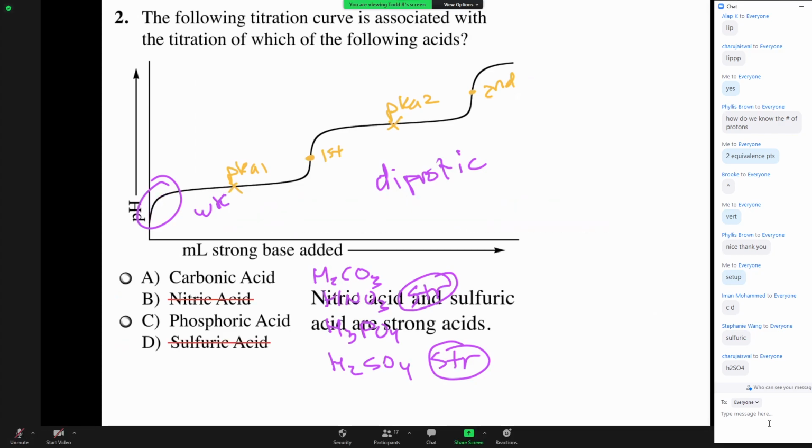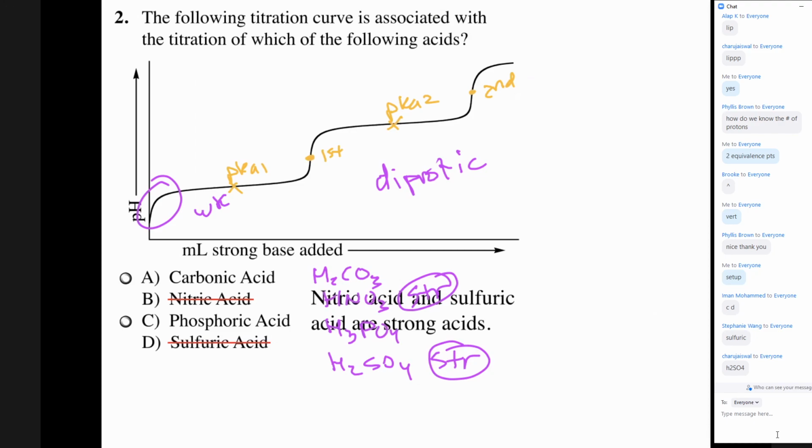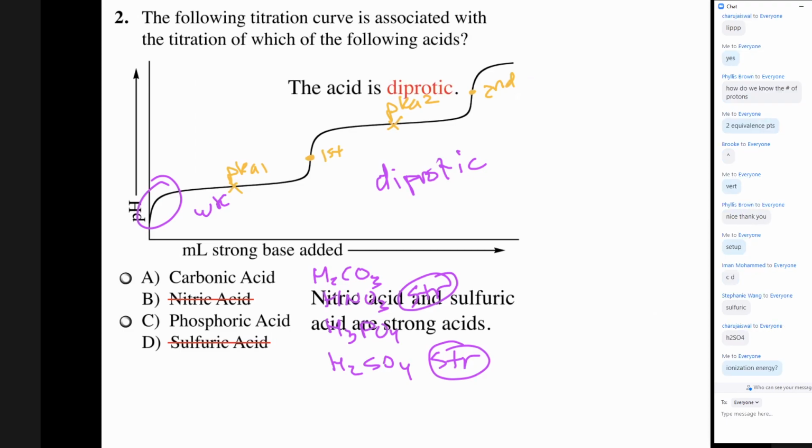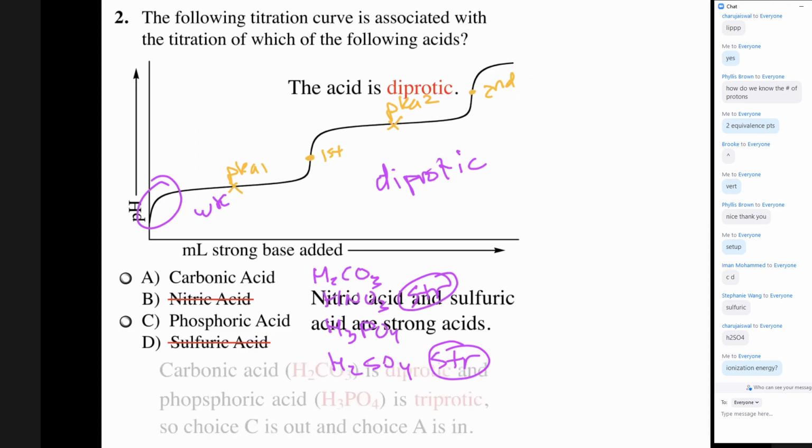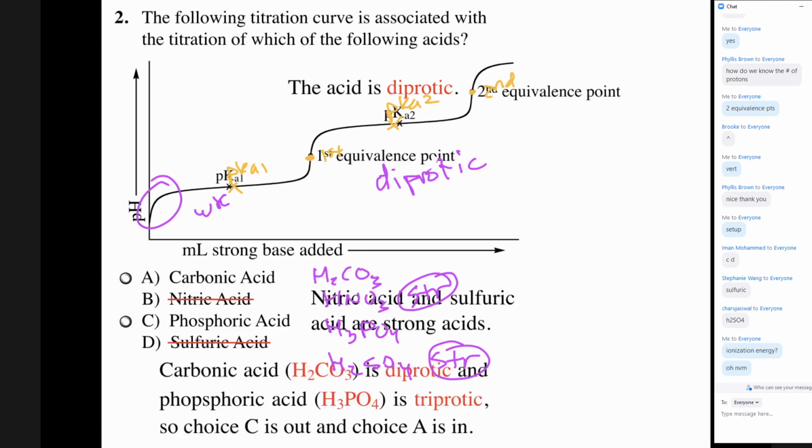How do I decide between phosphoric and carbonic? Number of protons, perfect. So how many protons in carbonic acid? 2, 3 in phosphoric. This is diprotic. There's only 2 vertical. So best answer, carbonic.